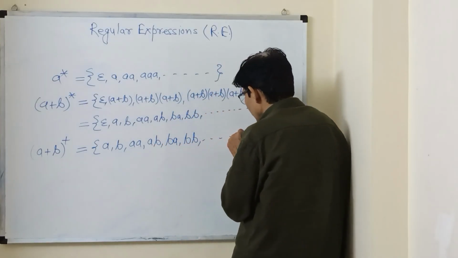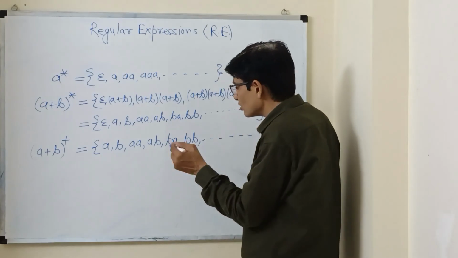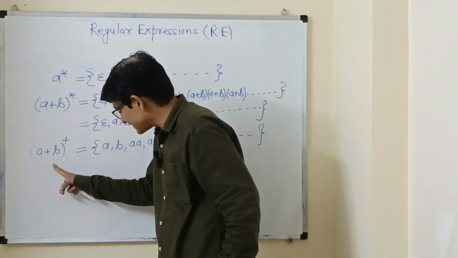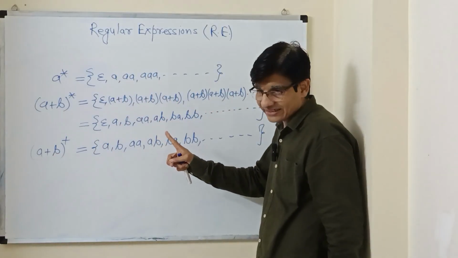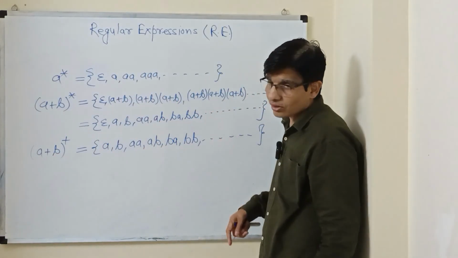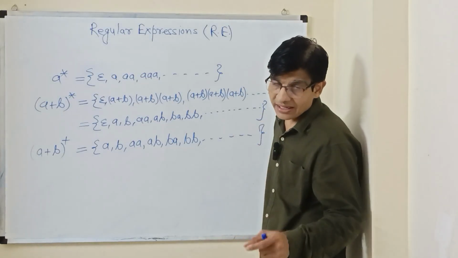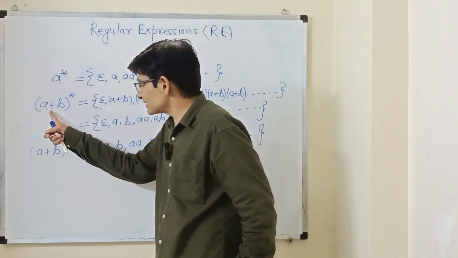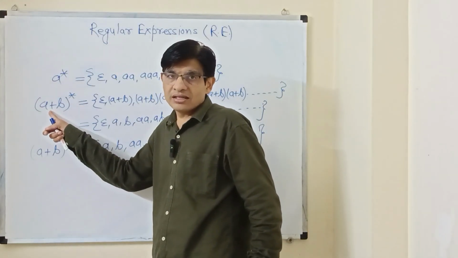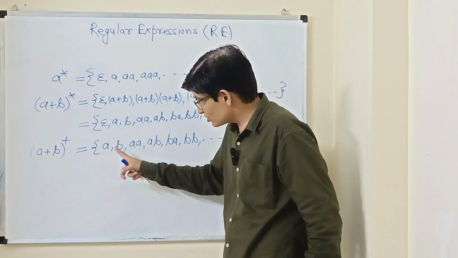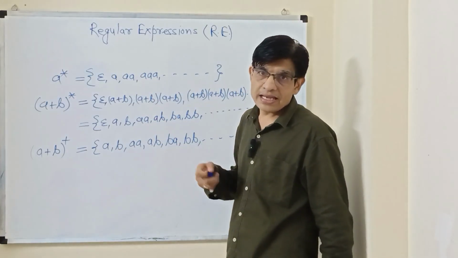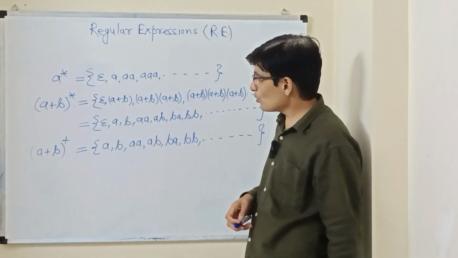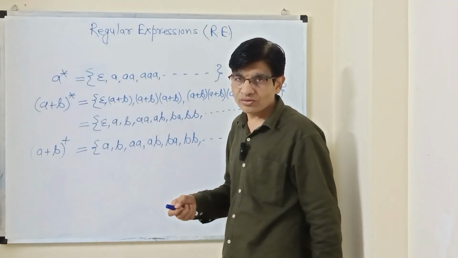Like this, you can use any combination of A and B. So this particular set is again representing one infinite set having all possible combinations of A and B excluding epsilon. This set was including epsilon, but this set is not including epsilon. So this is the difference between these two. I hope it is very much clear to all of you.